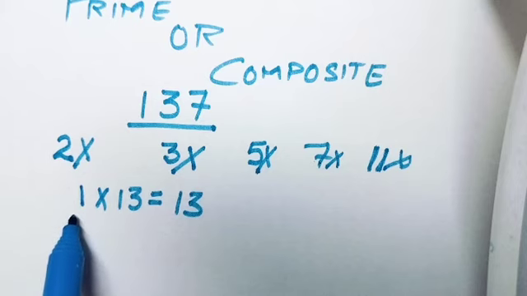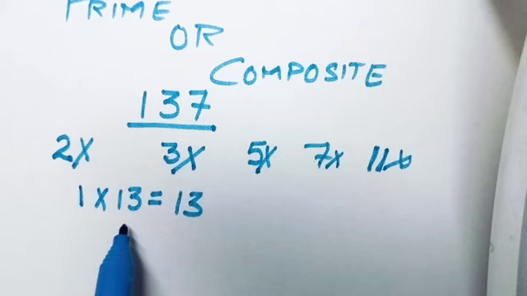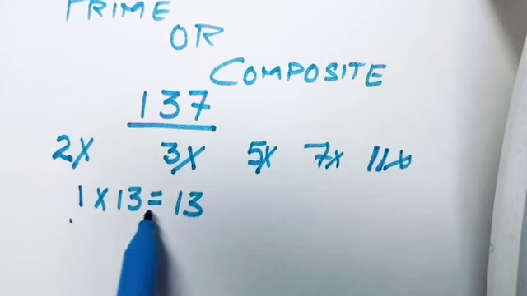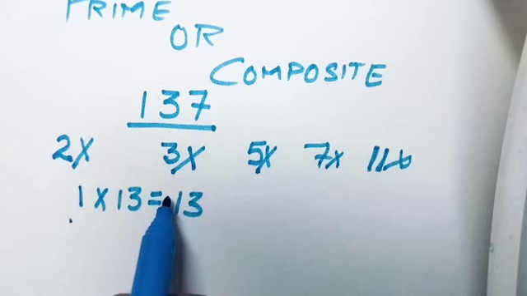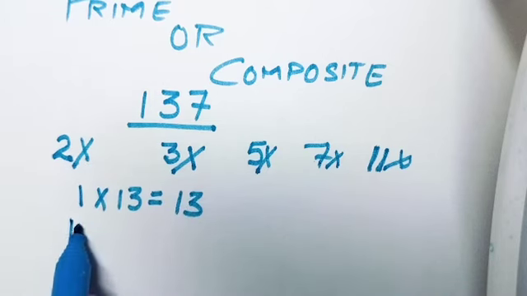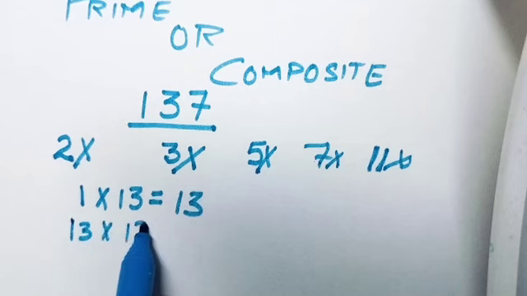And the next number is not 2 into 13, because 2 into 13 means 2 is there in it. So the next number which comes in 13's table and not in any of these tables is 13 into 13.